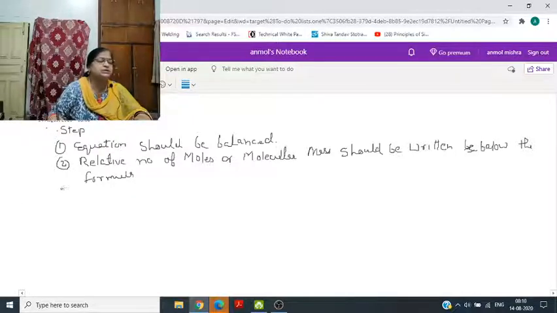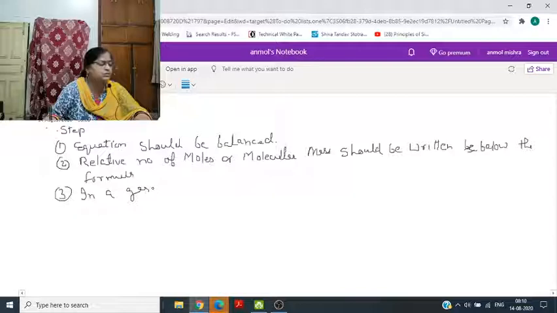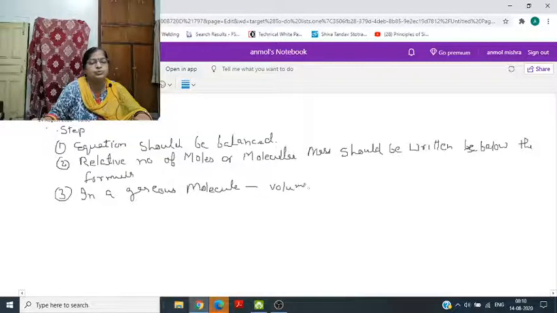Third is, in case of a gaseous molecule, volume should be written. If it is 1 mole, then 22.4 liters.